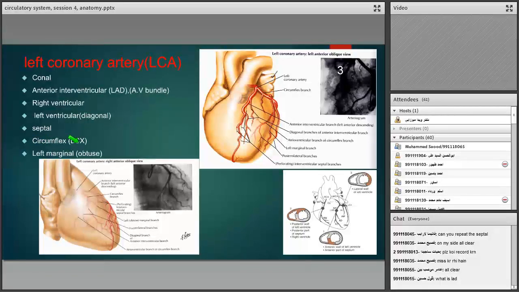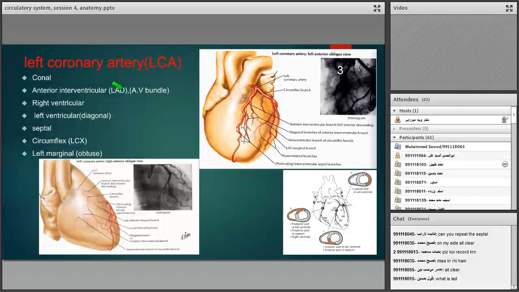The LCX. LAD is the anterior interventricular artery. The anterior interventricular artery is called LAD. So, the circumflex artery is surrounding the heart and placed in the coronary sulcus.